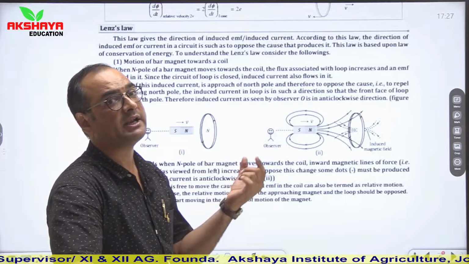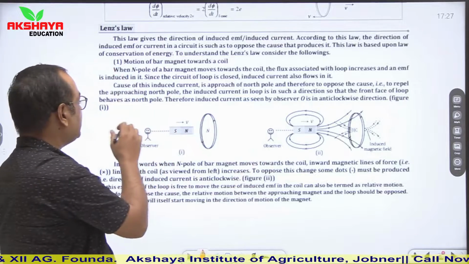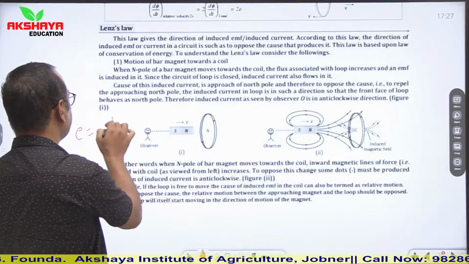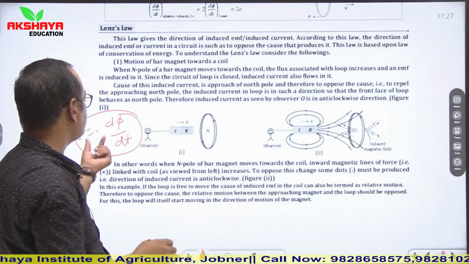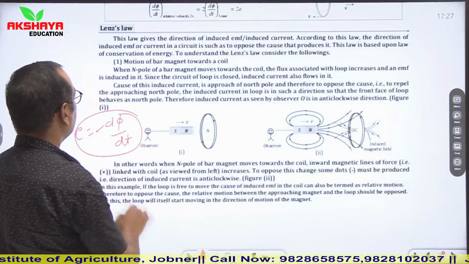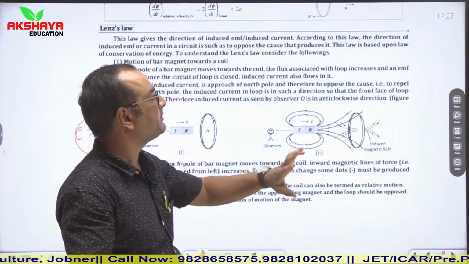It means they oppose the rate of change of magnetic flux. That's why we use a negative sign in our relation E is equal to minus dφ/dt. So this negative sign is used due to Lenz's law.